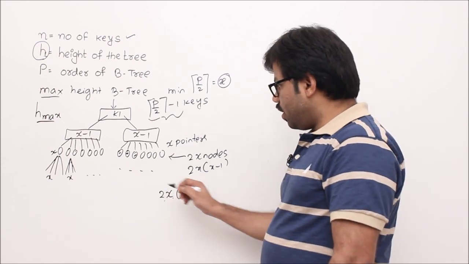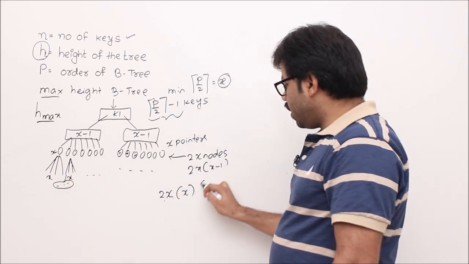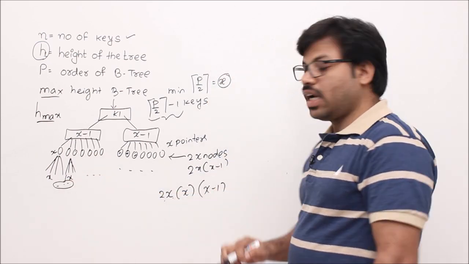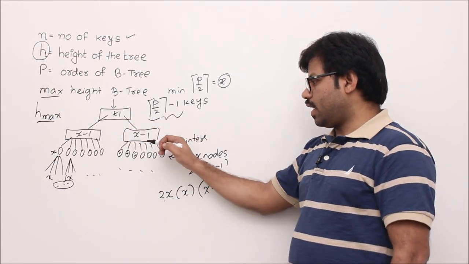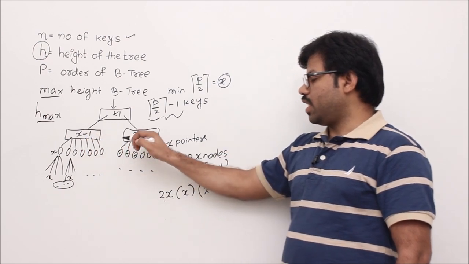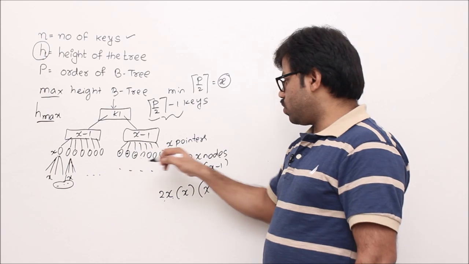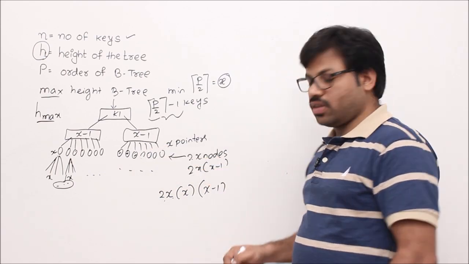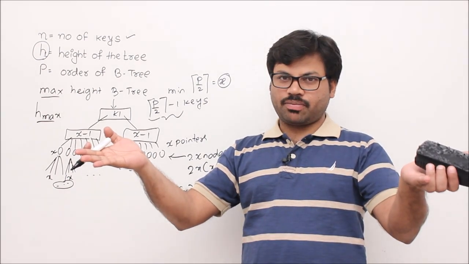Each pointer will point to one node. That node contains how many keys? x minus 1. So in that way we can understand this: first level only one key, second level x minus 1 keys each, and in the next level we have 2x into x nodes, each with x minus 1 keys. So each of the 2x nodes produces x pointers, right?